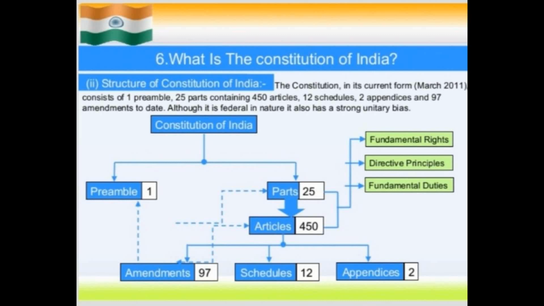You know what the preamble is, the introductory part of the constitution. After the preamble, the constitution is categorized into many parts, schedules and articles. These are the broad way of categorization.